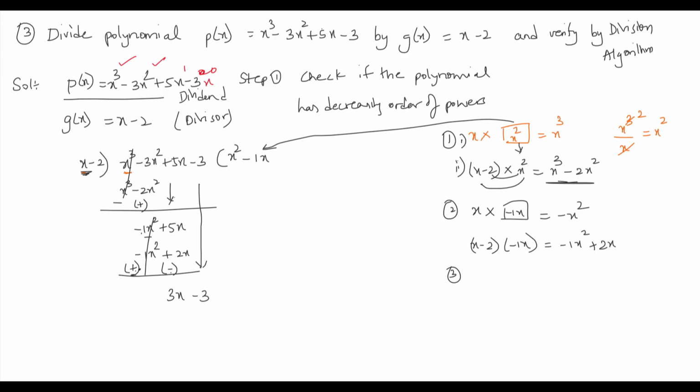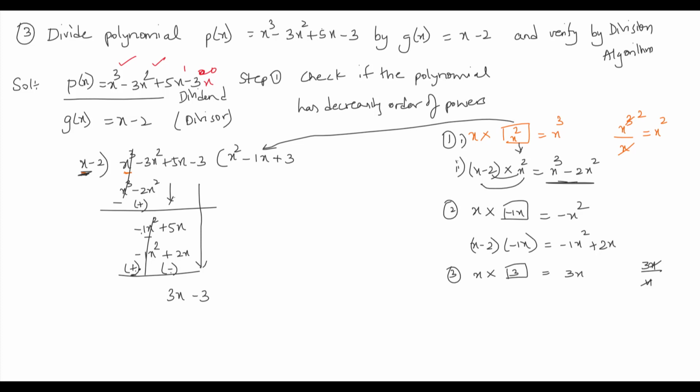Third part, repeat the same step: compare x, what should be multiplied to x so that we'll get 3x? It should be 3. If you're not able to do it, just divide 3x by x, and you'll get your answer. Take that 3 and place it in the quotient part, that is plus 3.